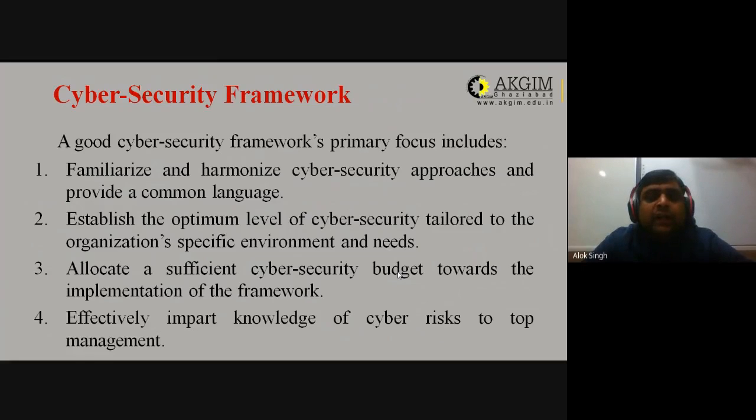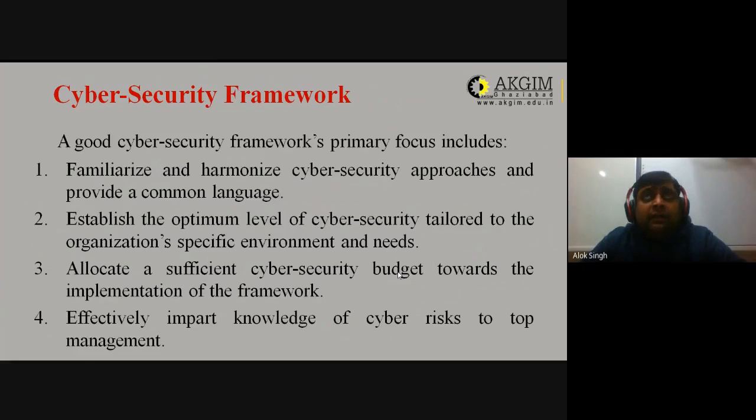Okay, establish the optimum level of cybersecurity tailored to the organization's specific environment and needs. Means you should automate it, or you should draft it as per the need of your organization. Okay, and allocate a sufficient cybersecurity budget towards the implementation of the framework.